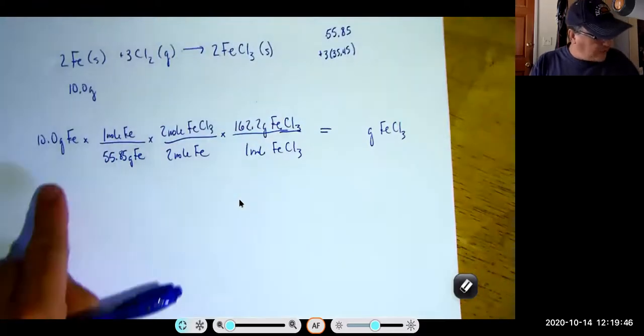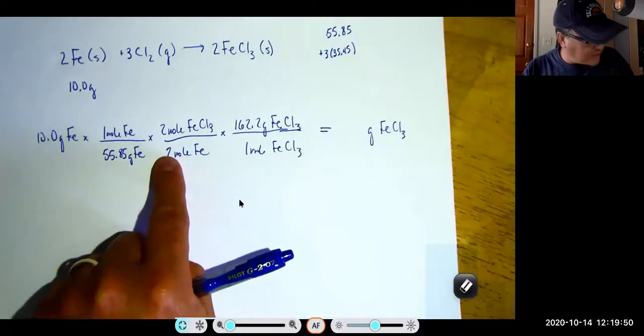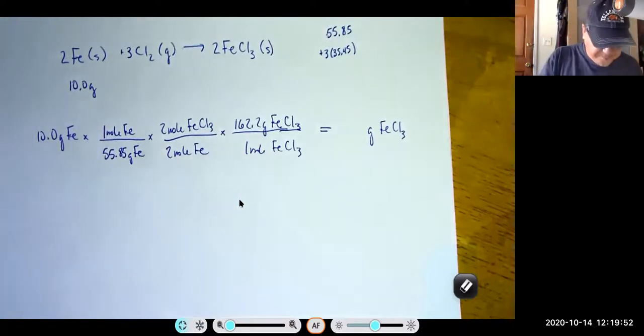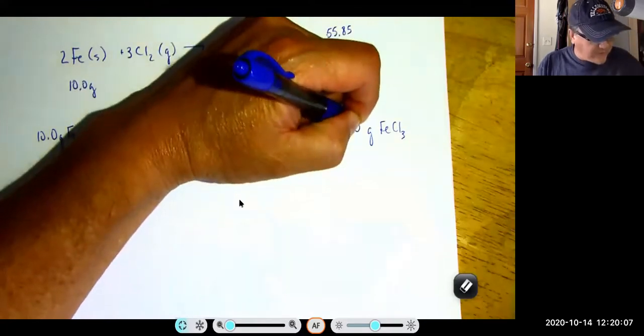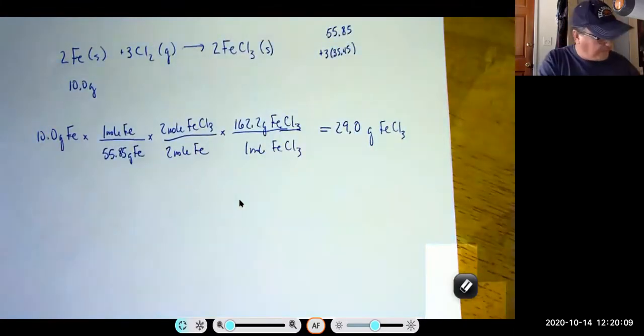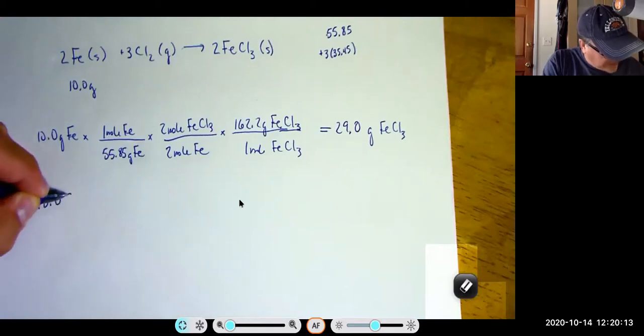Okay, so when we do the work, we can see that this goes into this about 3 times. 2 divided by 2 is 1. 3 times 10 is 30. So we should get about 30 grams. And I'm going to now check. And I get 29.0 grams of iron 3 chloride. Now I'm also going to start off with 10 grams of chlorine.